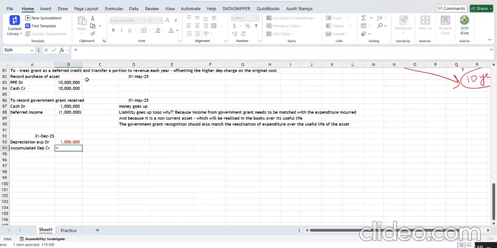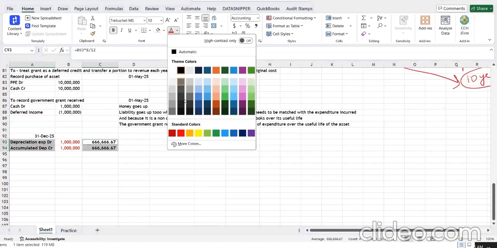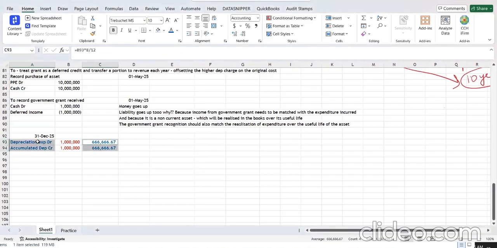It should be 1 million, and I will prorate it, or I'll just do into 8 by 12. So this should be my depreciation expense.